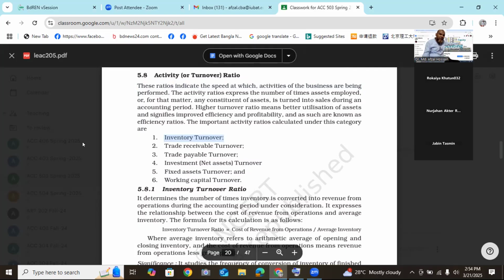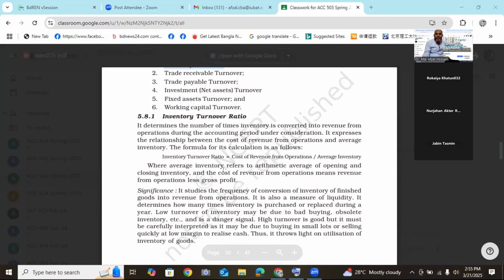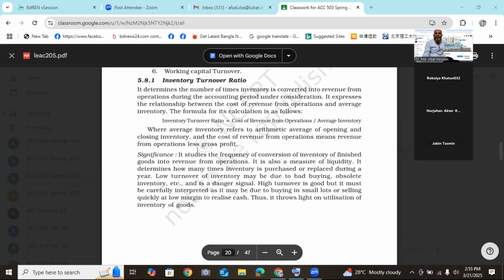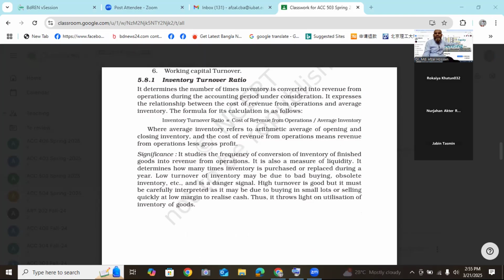You got this? Yes, sir. So inventory turnover ratio, first of all, what is the formula? The formula is cost of revenue from operations divided by average inventory.